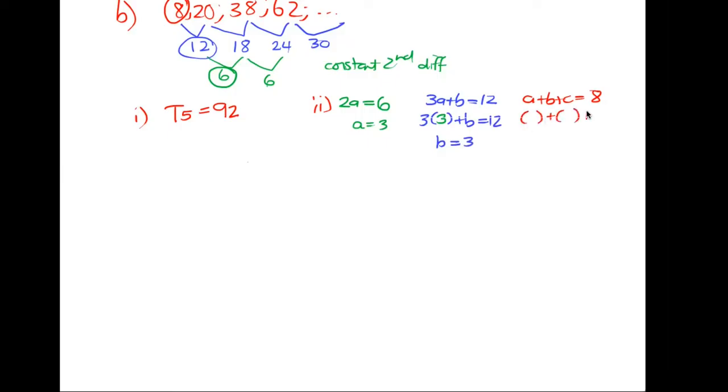Now we are trying to work out c, so we sub in a is 3, b is 3. So 8 minus 6, c is 2. So our formula Tn would be 3n squared plus 3n plus 2. That is an squared plus bn plus c.